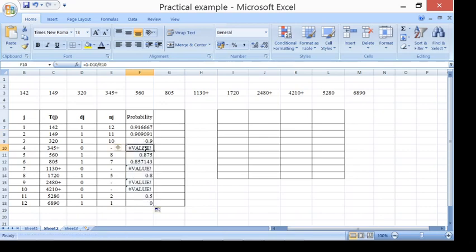Now here, at the time point 4, it is given that 345 is a censored observation, that is, death has not occurred at time point 345, it is the removal of a component.